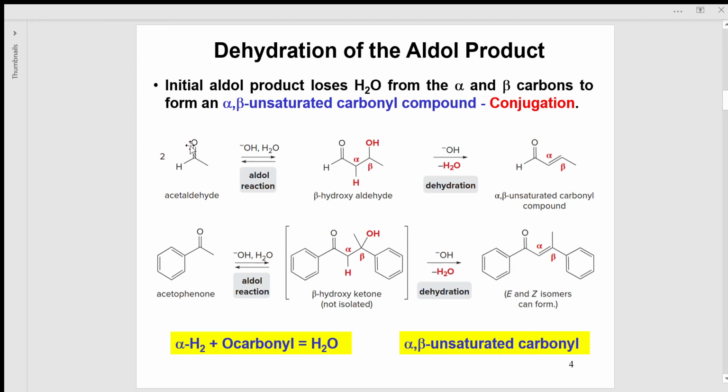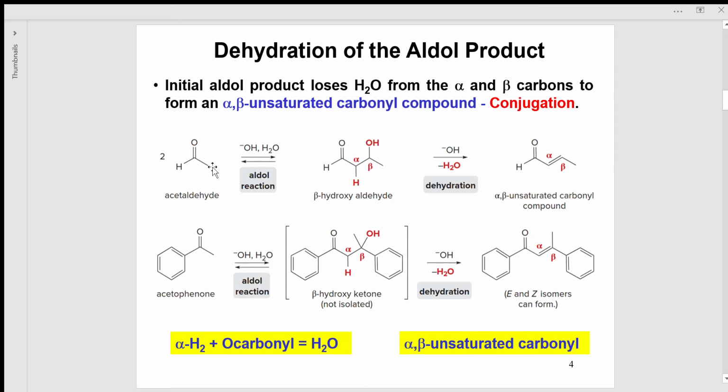Whenever you see a carbonyl compound, particularly either an aldehyde or a ketone, under base condition, actually acid can do a similar reaction too.